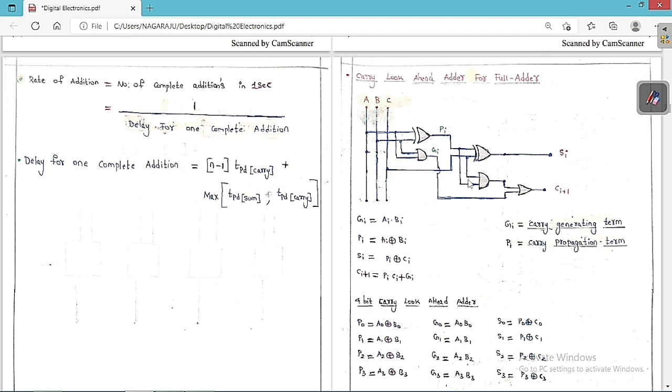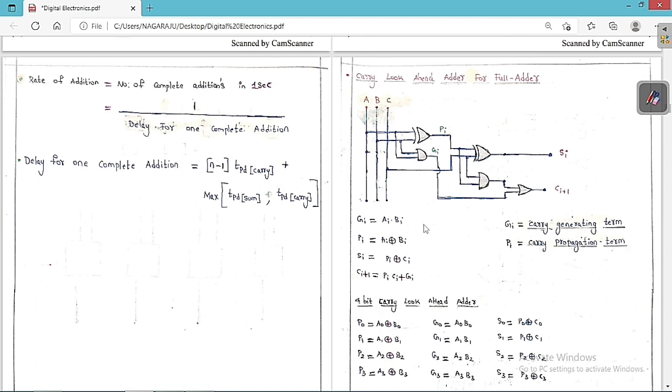This is a very important point. You can see clearly there is a G here and a P here, so like this you have to remember. G is the carry generating term and P is the carry propagation term.